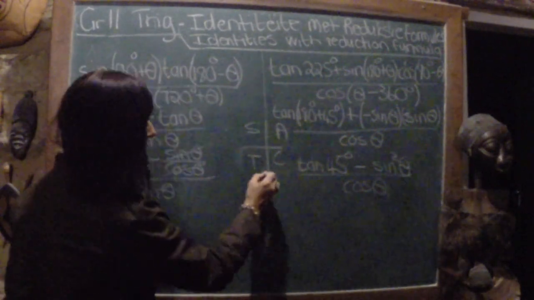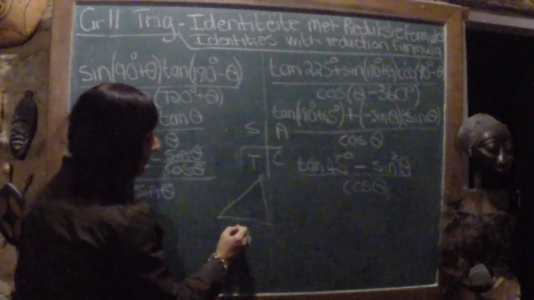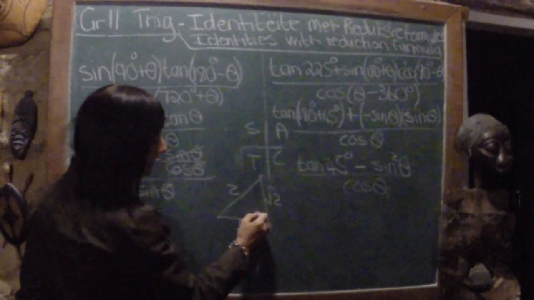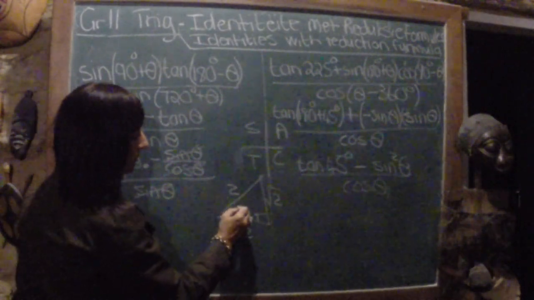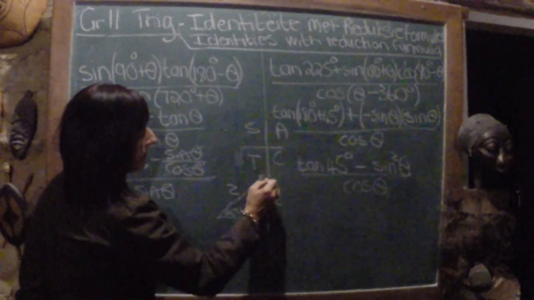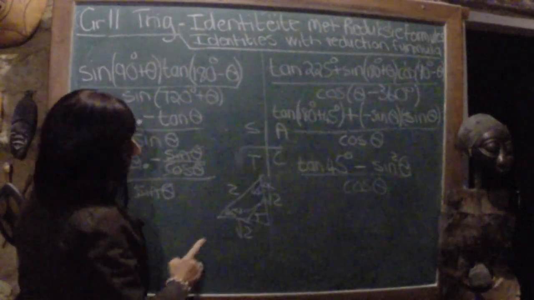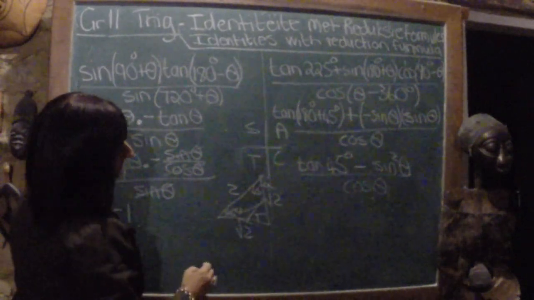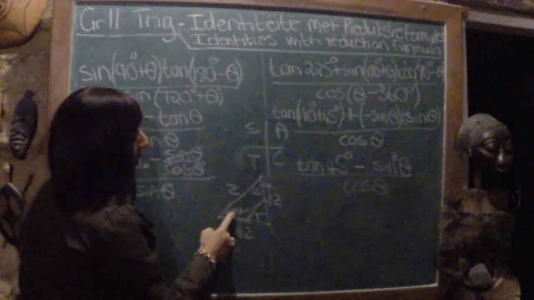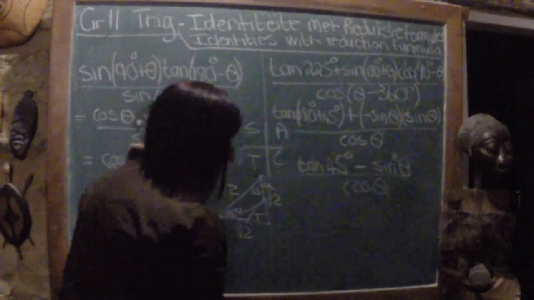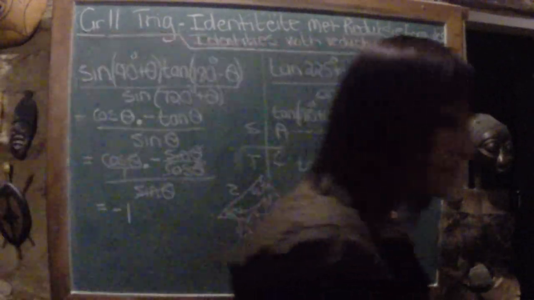Tan van 45, your special angle, if you look at that, it's root 2, and root 2, 90 degrees, 45, 45, tangent of 45, opposite on adjacent, so dis wortel 2 opposite on adjacent, root 2 on root 2 gives you 1.